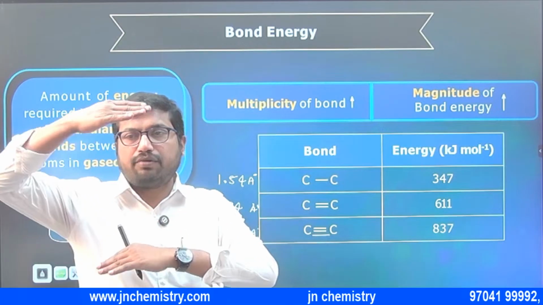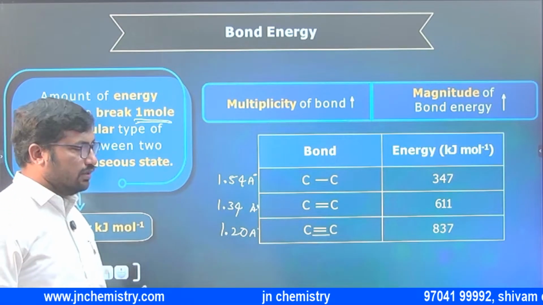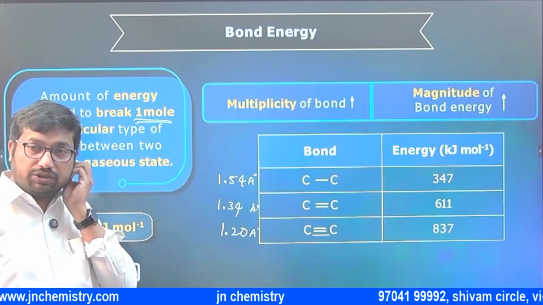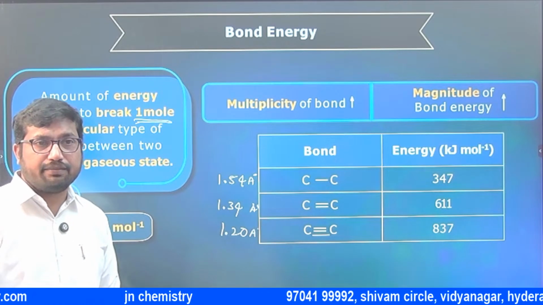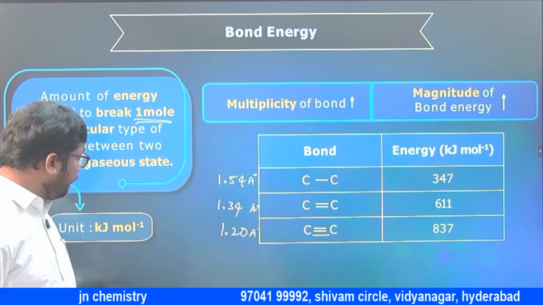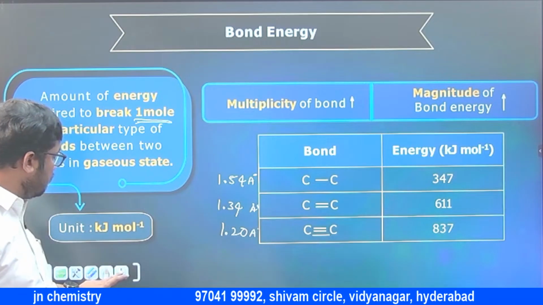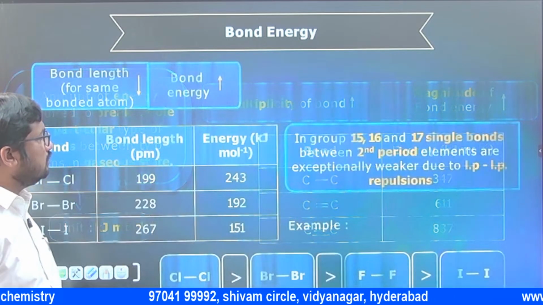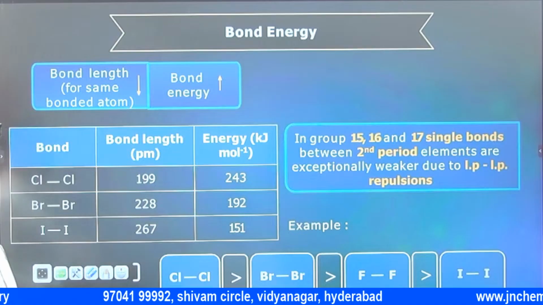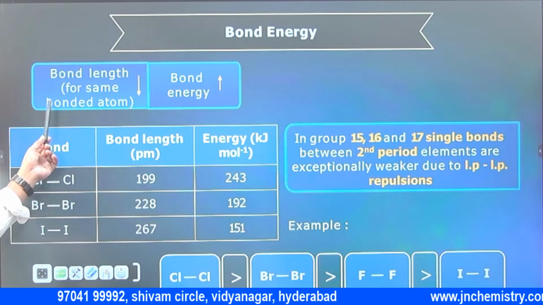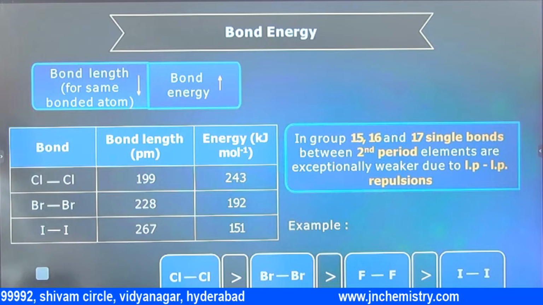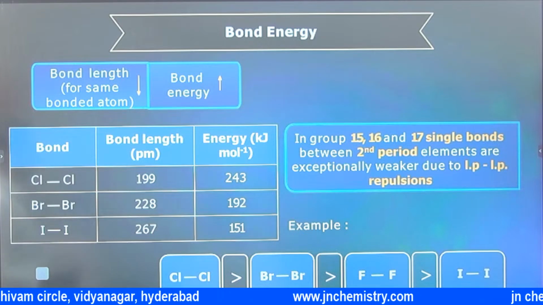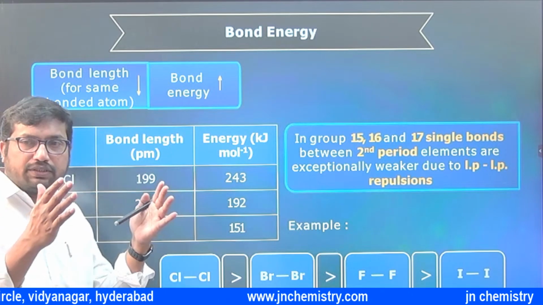That's the reason nitrogen is almost 78% of air, because nitrogen has a triple bond. So bond length decreases, bond energy increases as the number of multiple bonds increases.